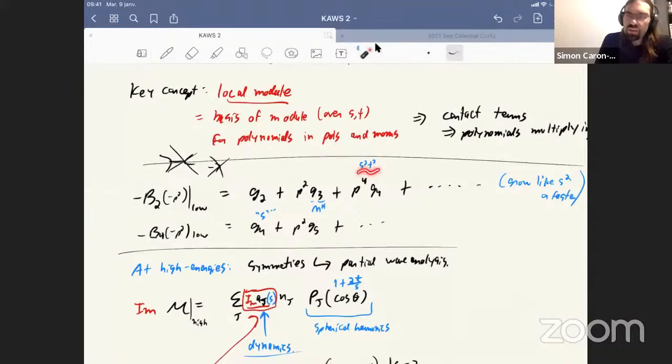A priori, these would be independent coefficients, but they are related because the amplitude is crossing symmetric, and there's only one symmetric polynomial at degree 4. So these coefficients are the same. That means there are two different ways you can measure G4 that are related to each other by crossing symmetry in the infrared.